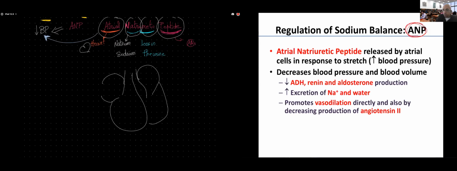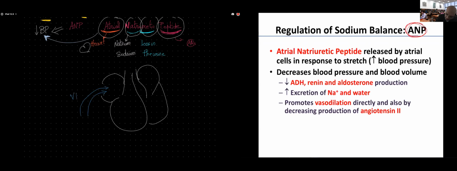Unlike what most of you will think, that the aorta has high blood pressure, so the heart is going to be detecting that. But remember, you don't have access to the pressure in the aorta because the valves will close if the blood is going to be returning. What you do have access to is the venous return.